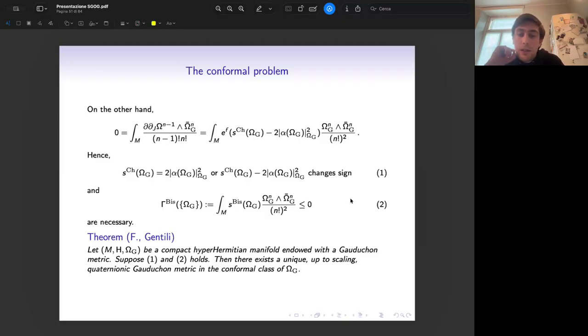Okay, but we are not so happy, because the first one is not so easy to check, and even the second one. And so we focus on finding some sufficient condition for the existence of quaternionic Gauduchon metrics without fixing any conformal class, in the global setting.